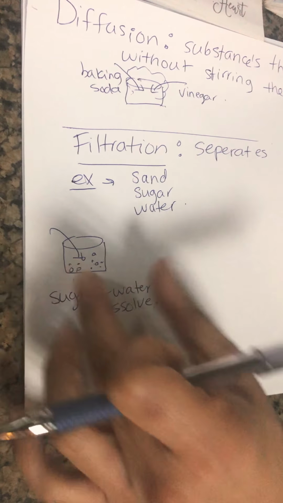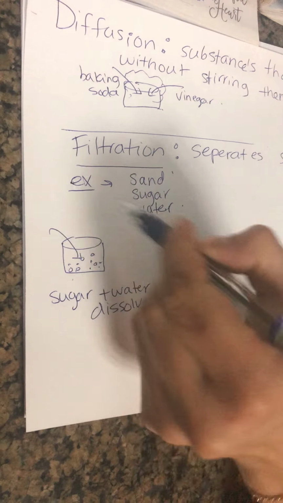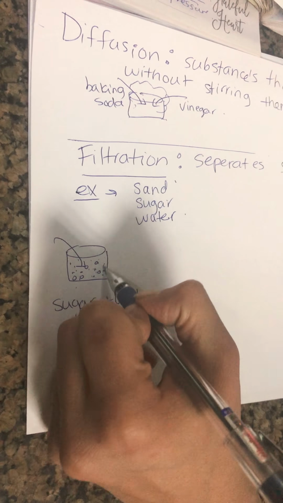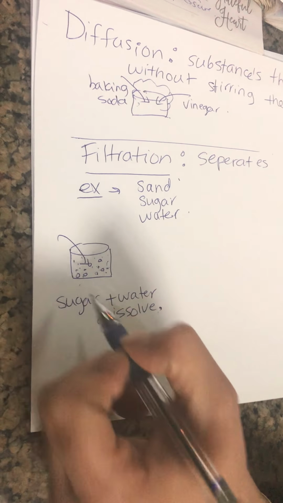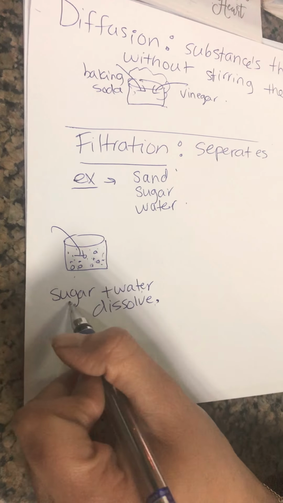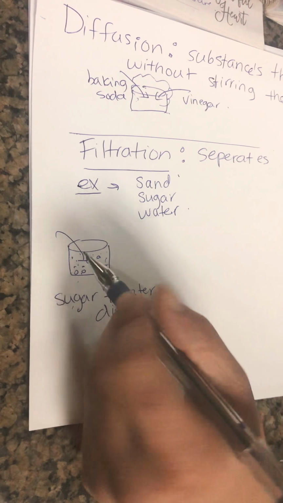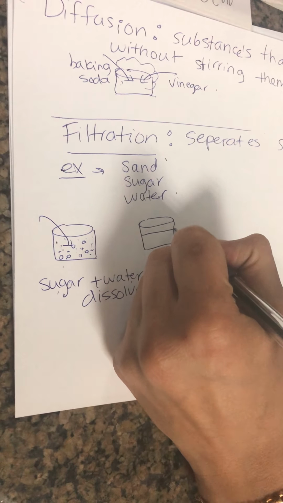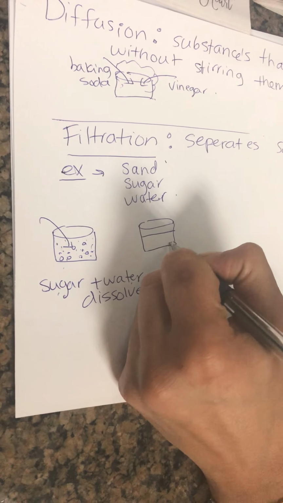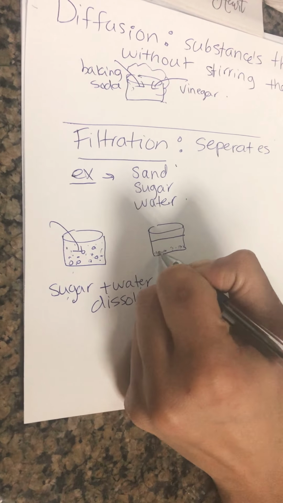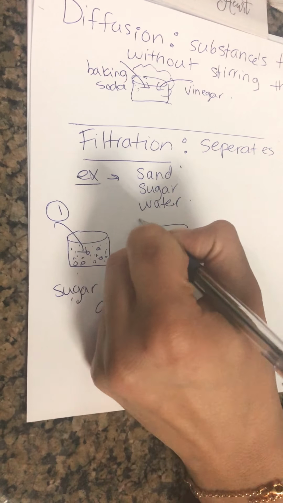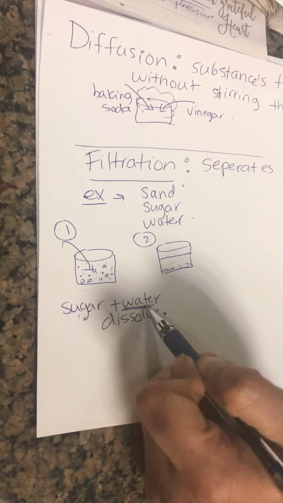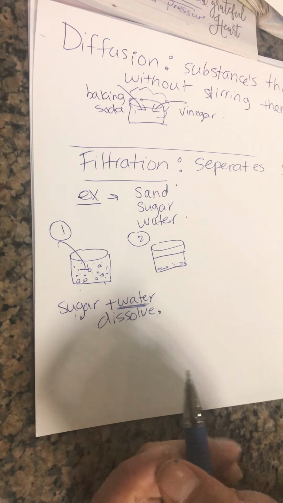After you stir these three substances together in a beaker, you will see the sand particles flying around and the sugar particles dissolved into the water. If you let it stay for a little while, you will find that the water and the sugar are dissolved and the sand will be at the bottom of the beaker. So this is step 1, and then this is step 2. And don't forget, we call water a solvent in this kind of experiment.